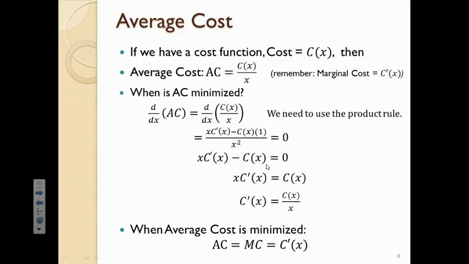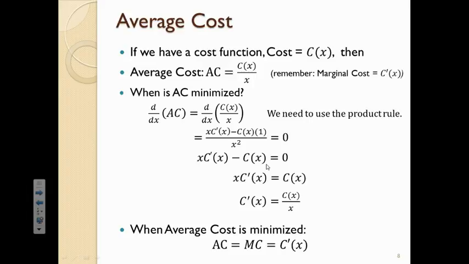Now, this does not mean that the marginal cost is always equal to the average cost. It is only equal to the derivative when the average cost is minimized. If you had the functions and you plotted both of these, they would cross at one place, and that's going to be when the average cost is minimized. It'll equal the first derivative, the marginal cost.